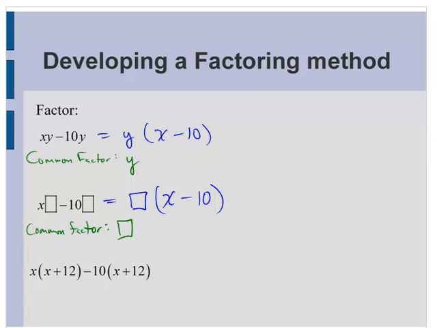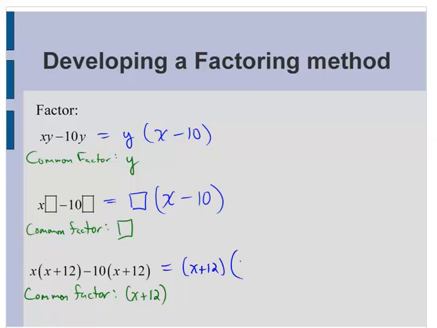And we look at this third expression, we say to ourselves, well, what's the common factor here? Here we have x times x plus 12 minus 10 times x plus 12. What's in common among these two terms? What's in the box in this case? The common factor is x plus 12. And so I can write this as x plus 12 times something.